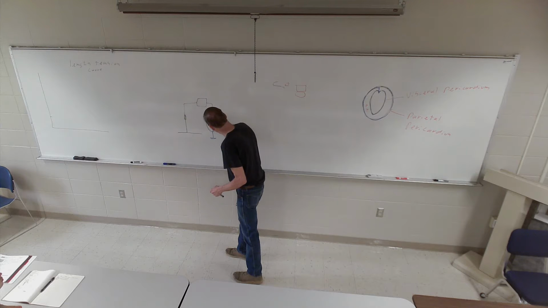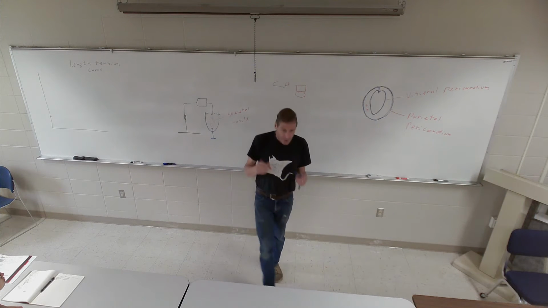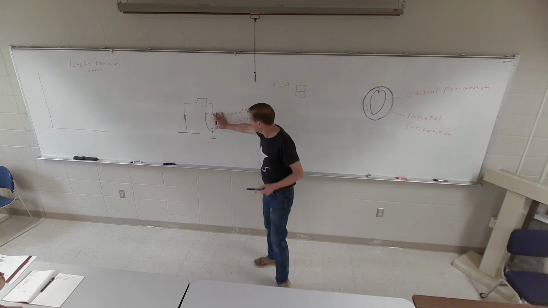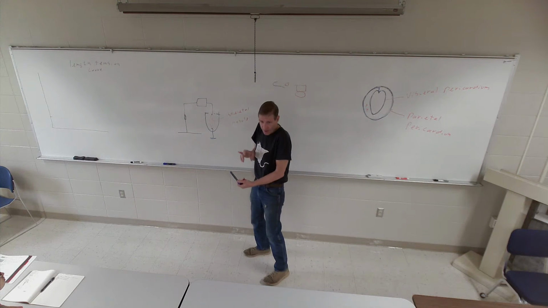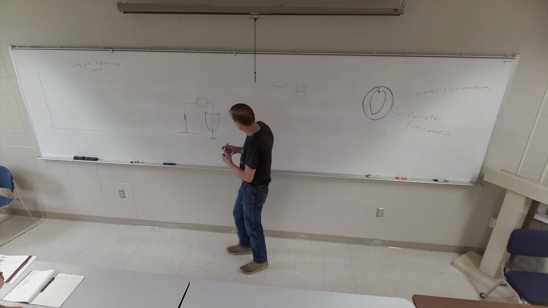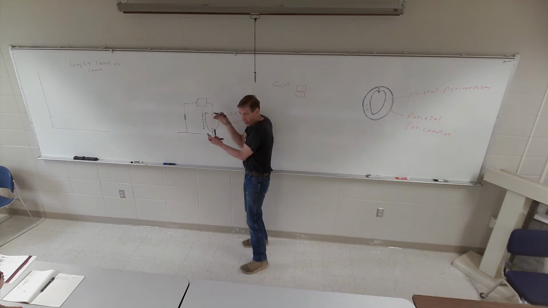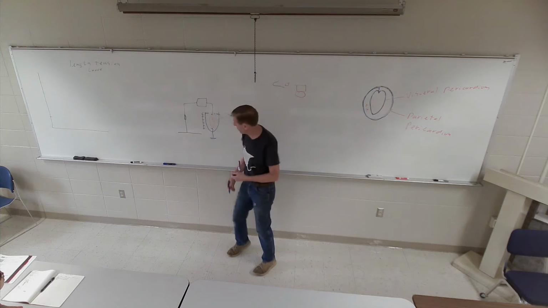Now I'm going to hook this muscle really loosely between those two hooks. It's not being pulled on at all. I'm going to put a ruler up here and measure how long it is.